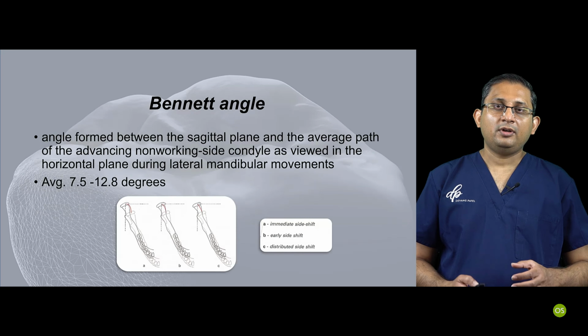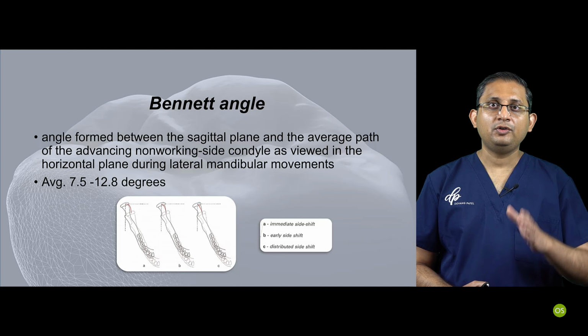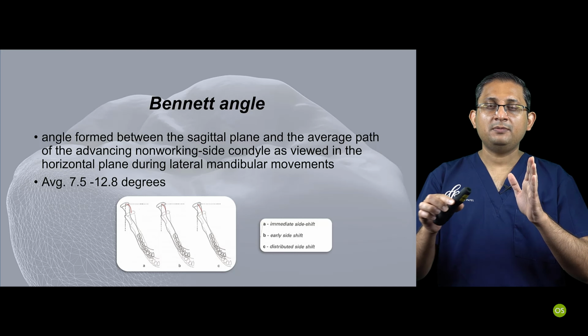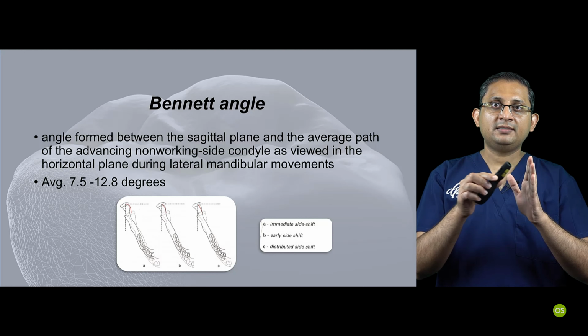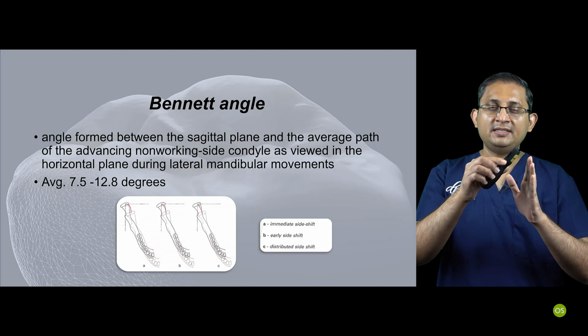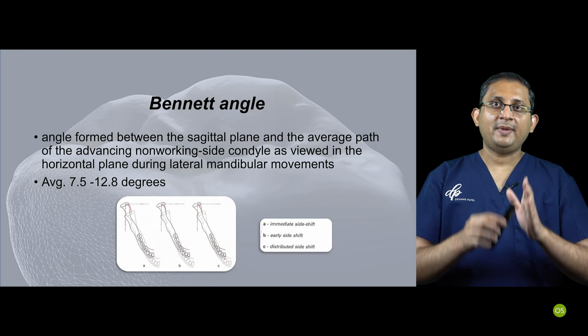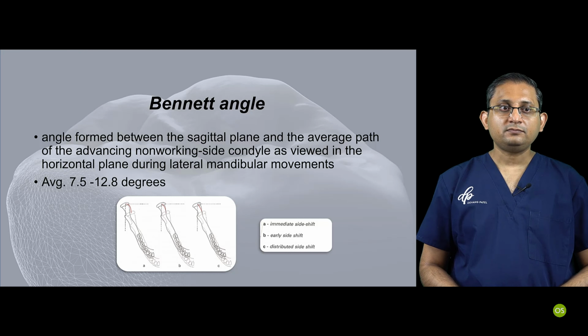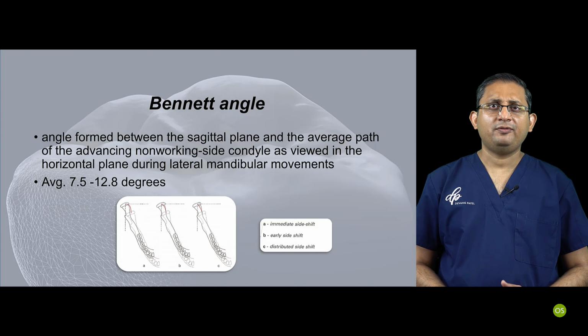Now, if you combine those two components, you get Bennett angle. So if you look at the sagittal plane and you look at the trajectory, how the mandible moves, the angle that is created because the mandible is moving downwards and forward is called Bennett angle. And the Bennett angle is around 7.5 to 12.8 degrees.